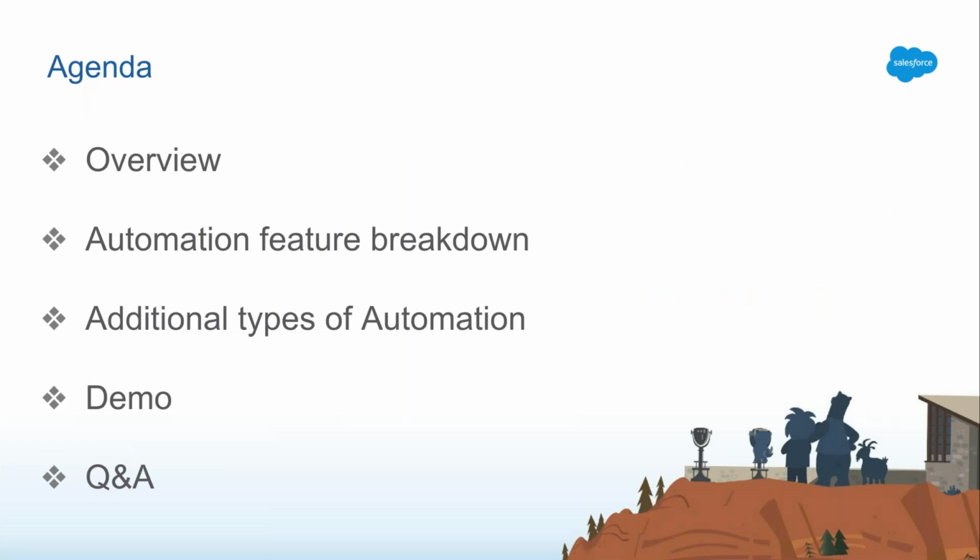All right, let us get started with the agenda for today. We are trying to keep the agenda super focused on the demo part of this, but we will start off with an overview. So we'll talk a little bit about why automation is great to use and which automation tools are available for you in Service Cloud. Then we'll move over to an automation feature breakdown.